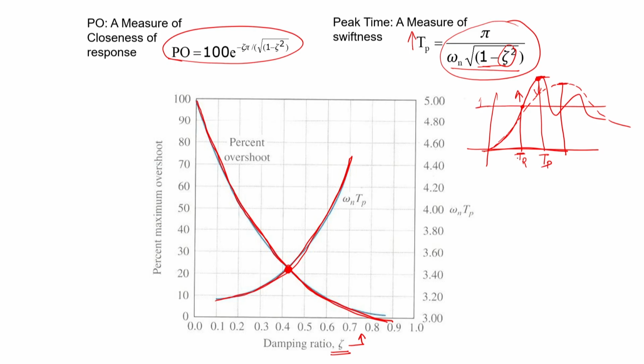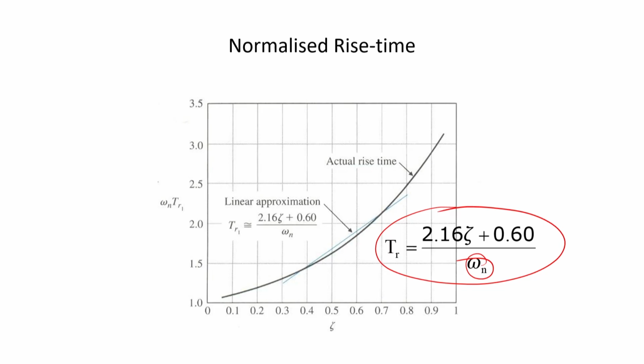Now, let us look at this rise time part of the scenario. That means, the first time that it is crossing this point, the value is 1. So, the rise time you can see is going to reduce if the omega n increases. So, that means, if the natural frequency increases, then the rise time is going to come down, and also the rise time is going to come down if the zeta reduces.